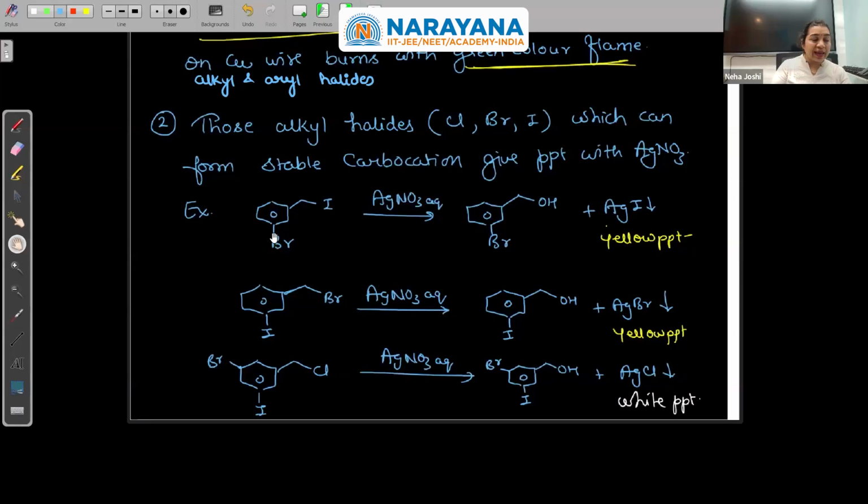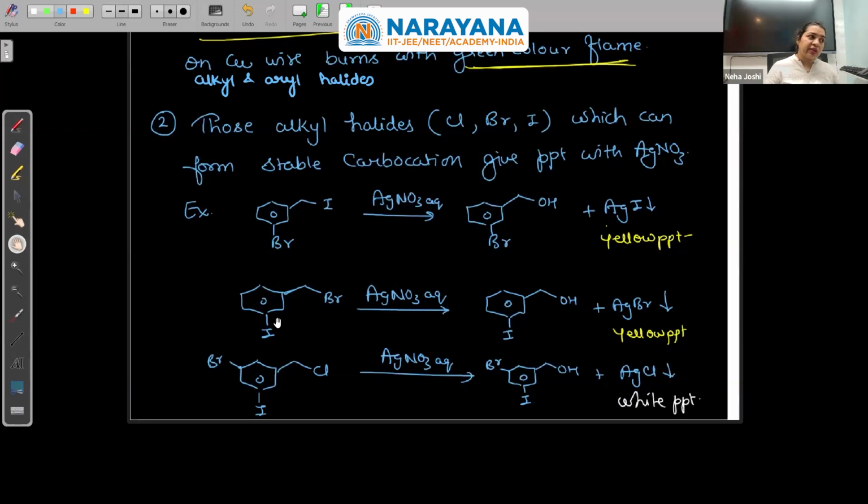Bromine is attached to the ring, and yesterday only we saw that a halogen attached directly to the ring cannot be removed. They have high bond dissociation energy. They will not form a carbocation. So this is not my suitable choice. I will remove this iodine and will have this alcohol formed. But the observation will be I am getting yellow precipitate of AgI.